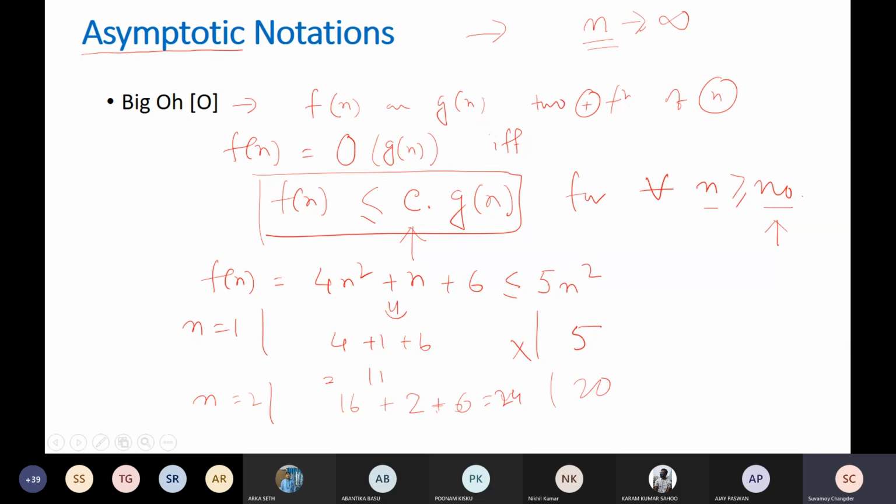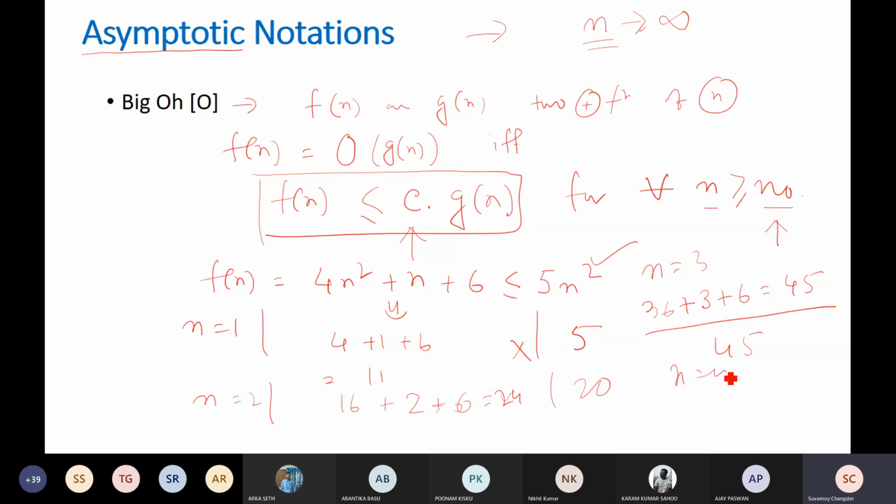No. So for n equals to 2, this is also not correct. Let us check for n equals to 3. n equals to 3 means 9 into 4, 36, plus 3 plus 6, so that is equal to 45. Here we are also getting 45 on the other side. So for n equals to 3, this inequality holds true.